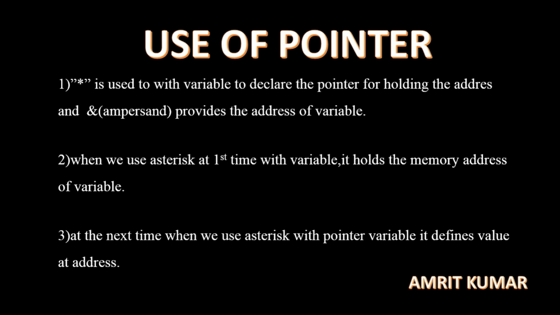The second point says that when we use asterisk the first time with a variable, it holds the memory address of a variable. So if you are using asterisk variable name, then it actually holds the memory address of a variable. Whatever memory address is allocated to that variable is going to be contained in that particular pointer.